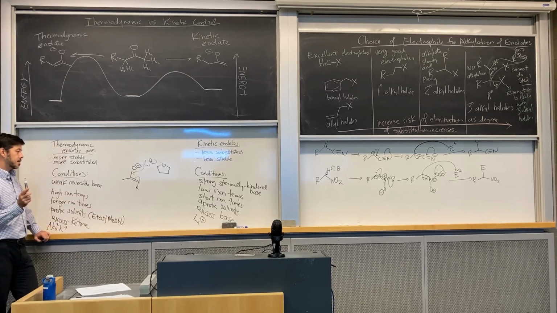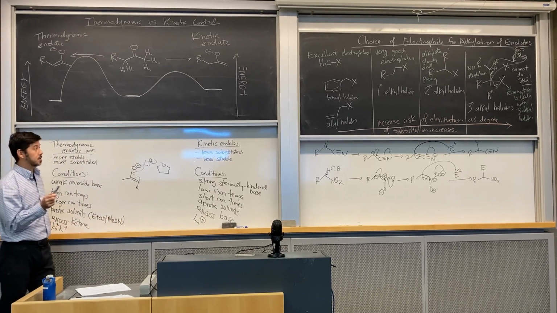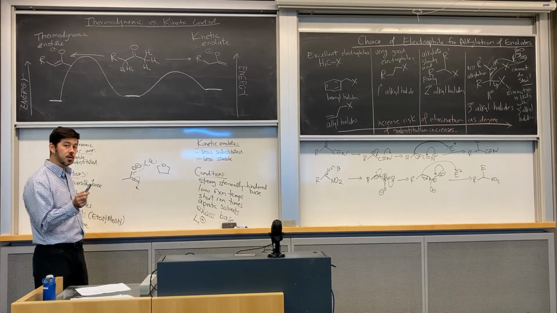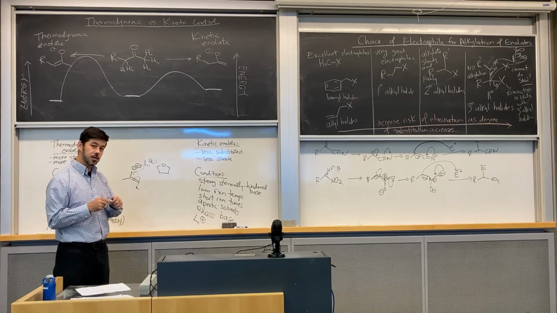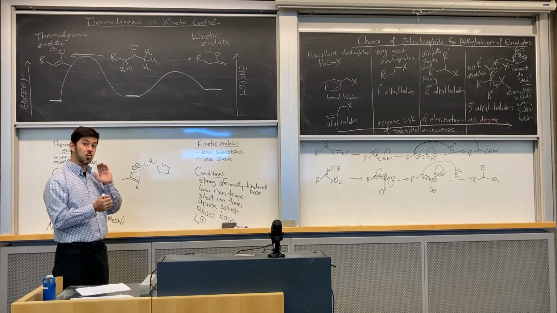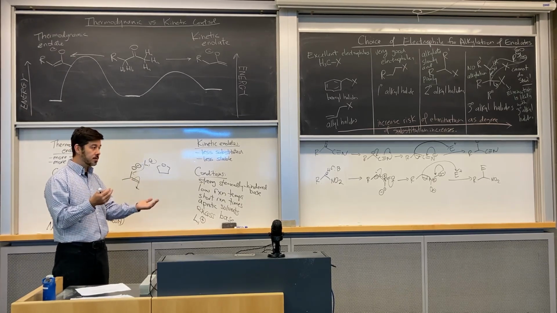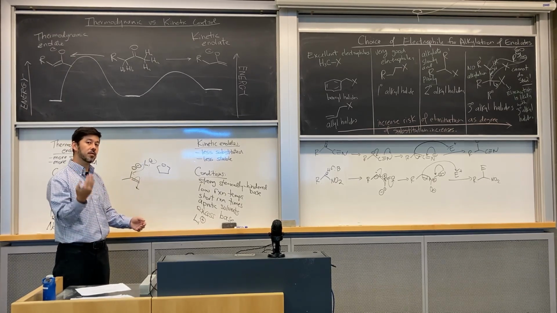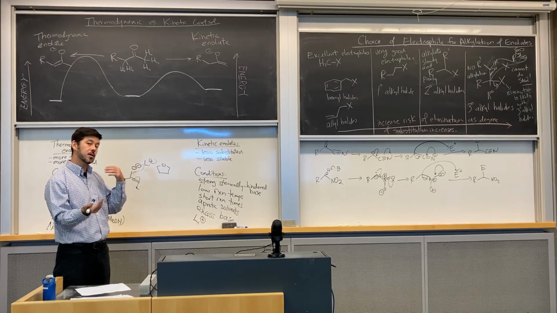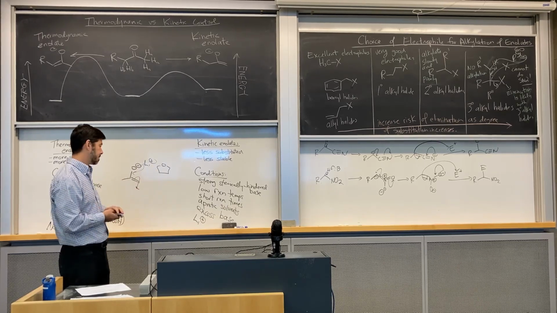The other thing that I want to talk about is stoichiometry. We haven't talked about stoichiometry, but if you're doing these reactions, you can imagine that we're thinking 1-to-1 ratio: 1 equivalent of base, 1 equivalent of ketone to generate 1 equivalent of the enolate.